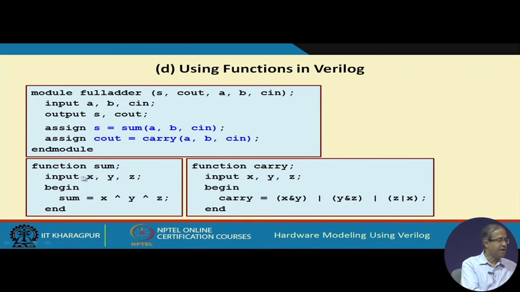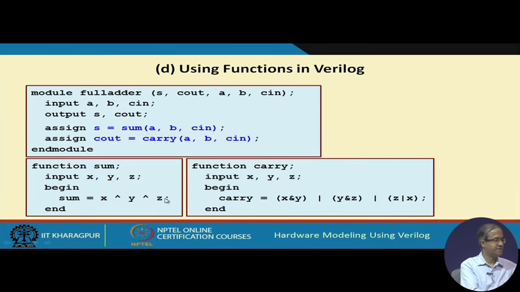Then I will have to specify a list of the inputs, and they have to be provided in the same order you are mentioning them here, A, B and carry in. So, A will be mapped to x, B will be mapped to y and C in will be mapped to z. And then here you are giving an assignment statement, where the left hand side is the name of the function and right hand side is any expression based on these input variables.